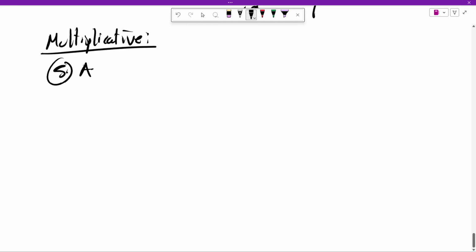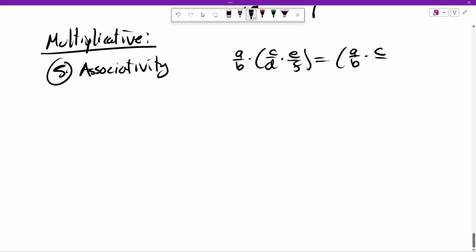So we had associativity, namely a over b times c over d, times e over f, should be a over b times c over d times e over f. So let's just work that out.